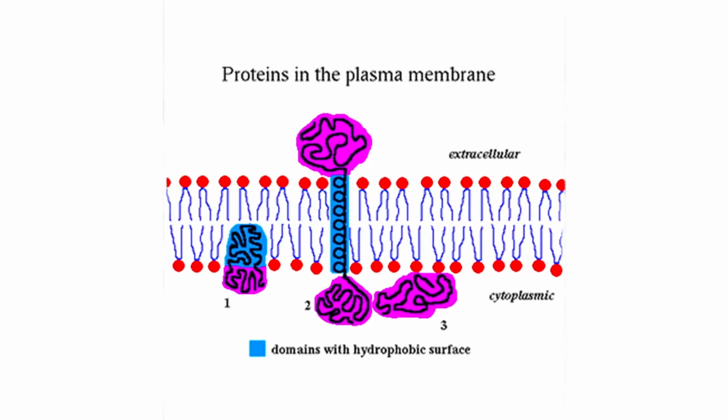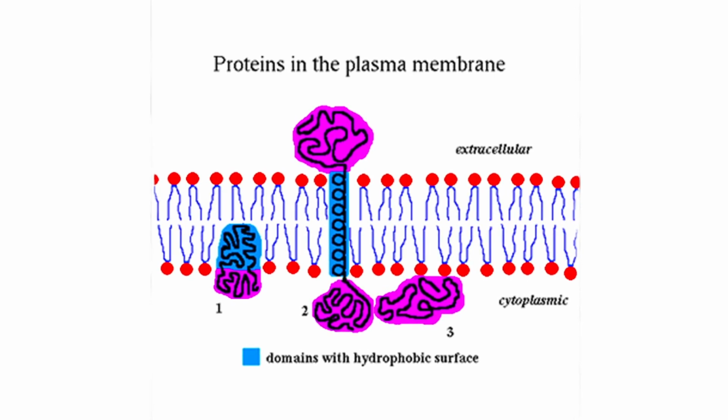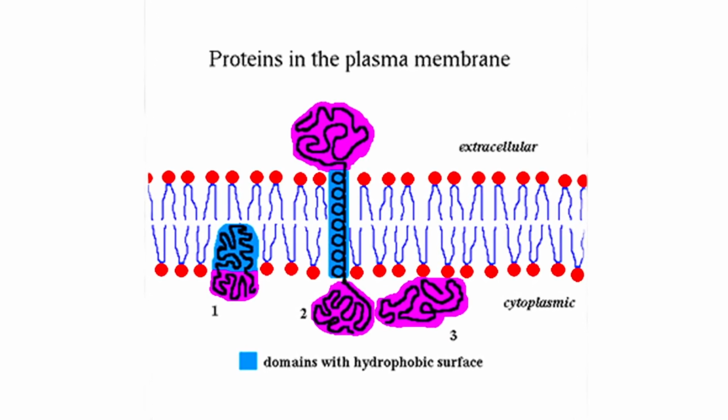Membrane proteins. Proteins float in the membrane like a ship on the surface of the sea, which is called the fluid mosaic model. The transport proteins are very selective. Each type of molecule needs its own transporter. Membrane proteins are of two types, peripheral membrane proteins and integral membrane proteins. In this image, peripheral membrane proteins are bound to the surface of the membrane.